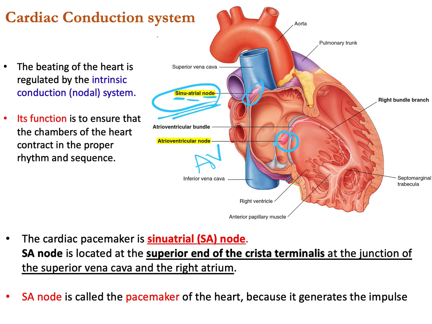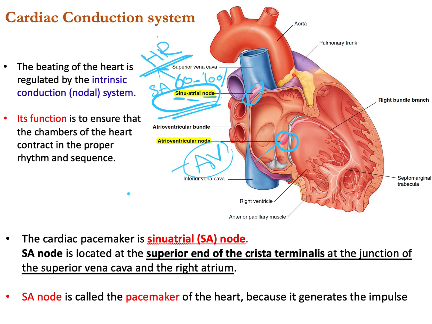Although the AV node also gives signals, the signals from the SA node are about 60 to 100 per minute, which is similar to our heart rate. Please check with the physiology guys.